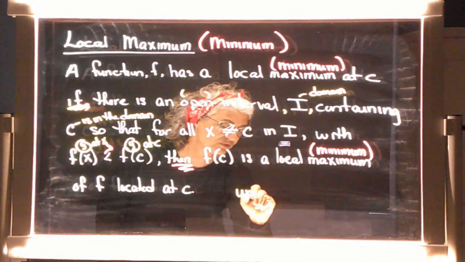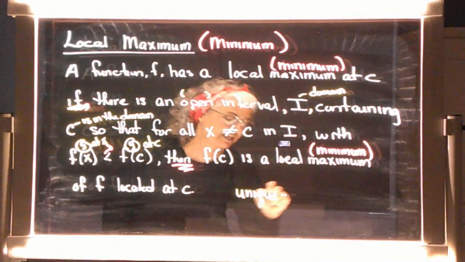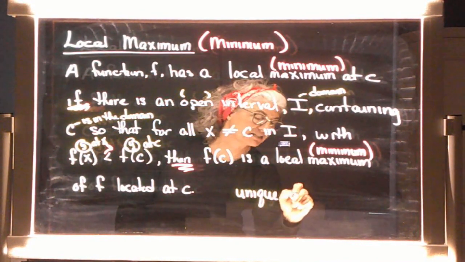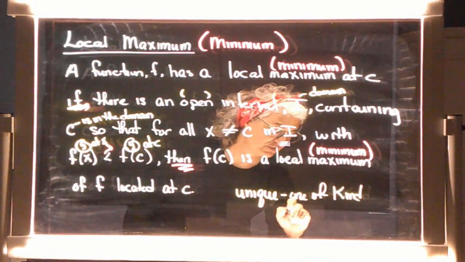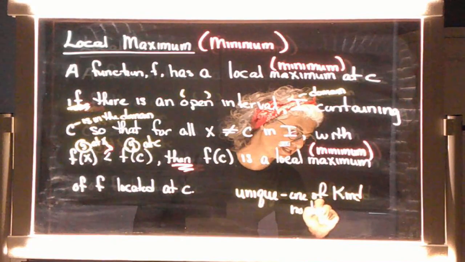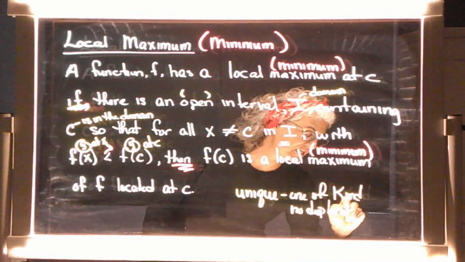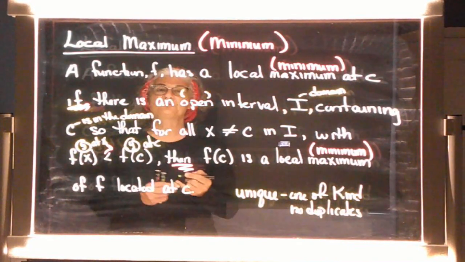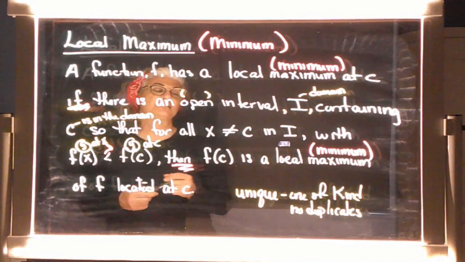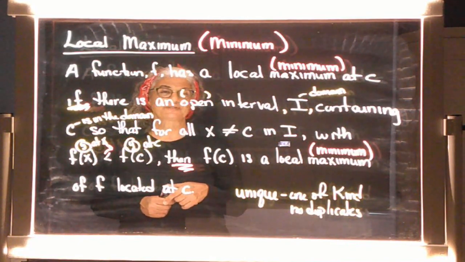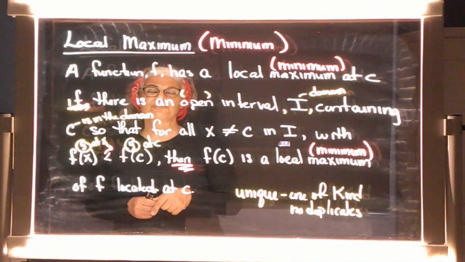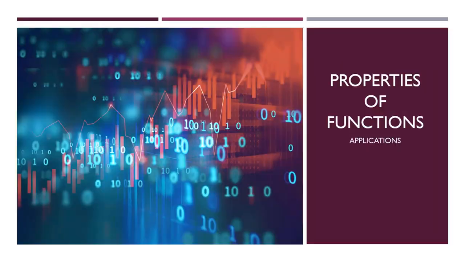When I say unique, or the authors of the book say unique, it's one of a kind. No duplicates. Okay? No duplicates. It must be the only one. The largest one or the smallest one. That's it. Cool? Okay, so we're going to go through some examples of these. So stay tuned for some graphing.